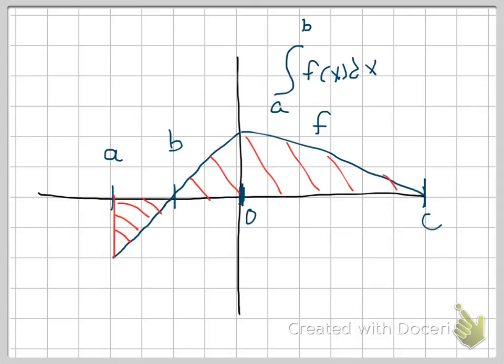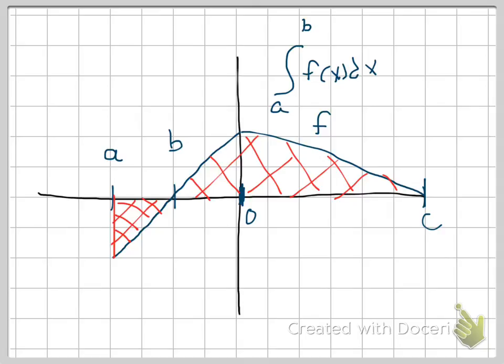So it would be this kind of red shaded region here that I've got. Okay? Now, we could count squares, we could break this into a couple of triangles. That would work out.